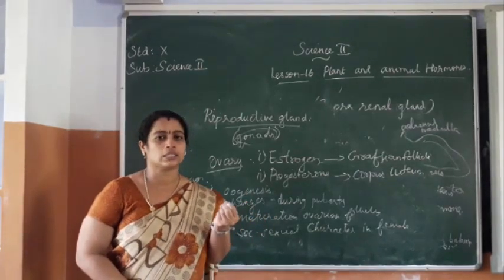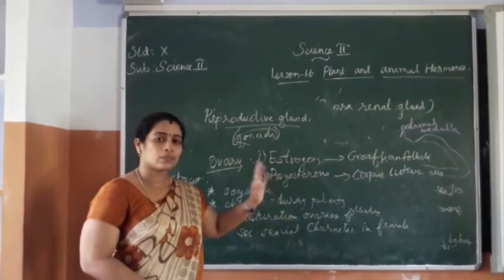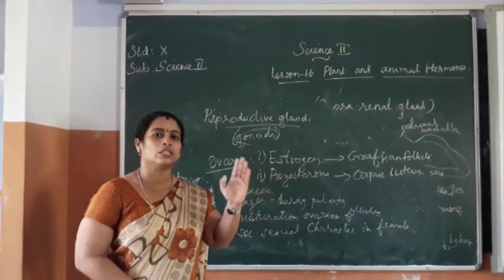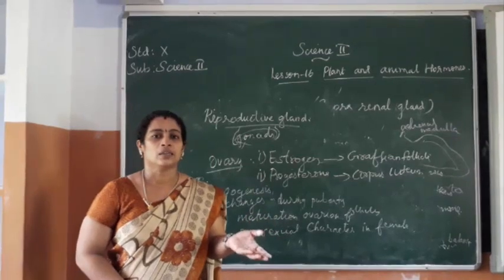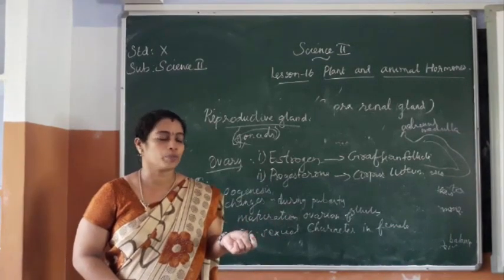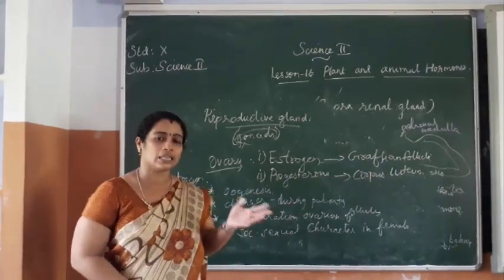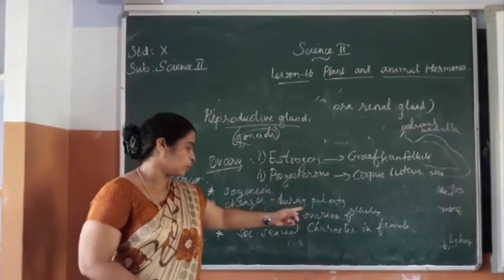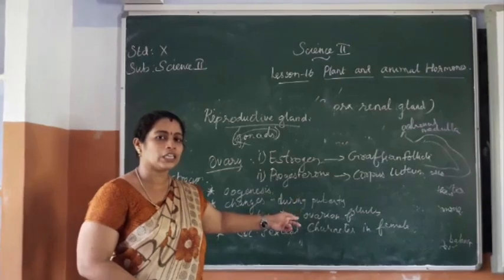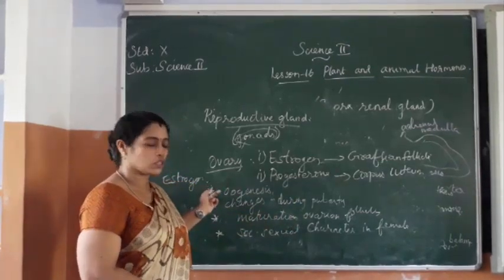The maturation stage of a girl, the stage at which she attains reproductive capacity, is known as puberty. Changes during puberty are caused by the presence of estrogen.